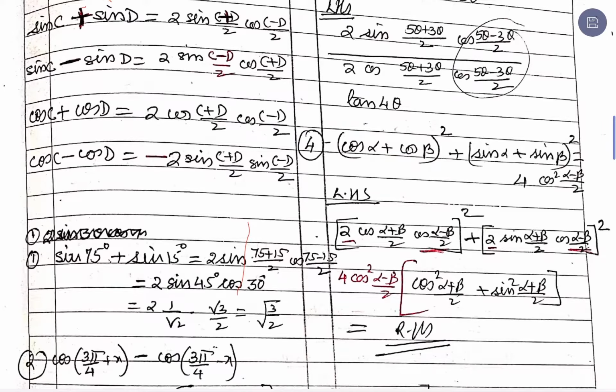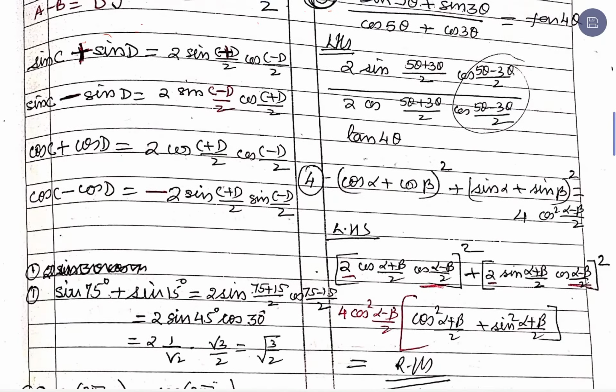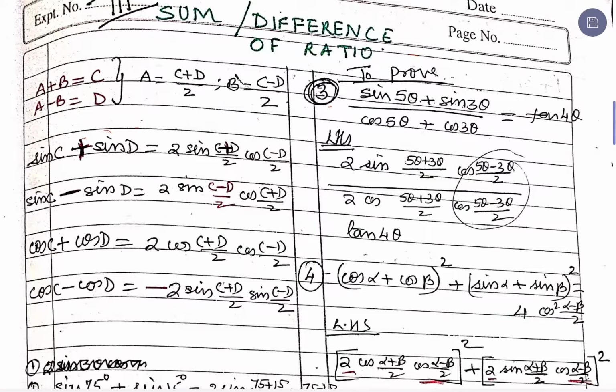One more thing you must have observed, that is, here the sum or difference of the ratios that we have on the left side gets converted to the product. So, this identity is also known as sum or difference to product form.